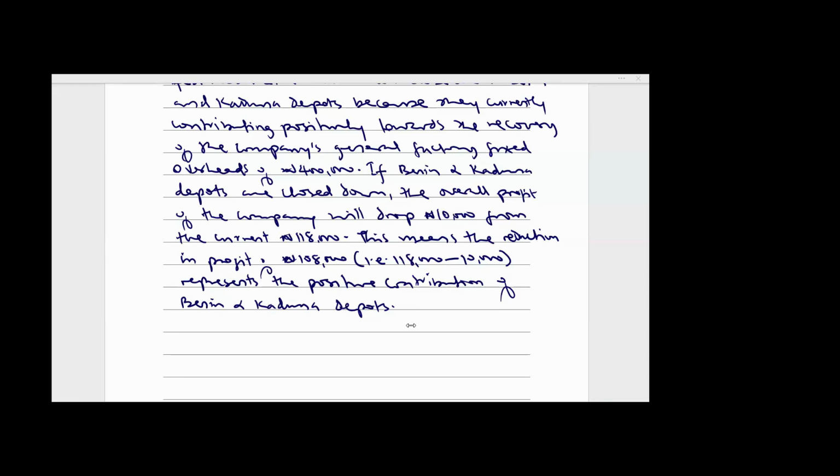There will be issues. If you close down Benin and Kaduna Depot, workers will not be happy. There will be activism in those depots, and there will be litigation at the end of the day. So these are the things you are expected to talk about. Just link it with the question and you are good to go.